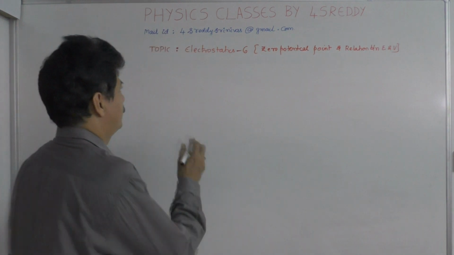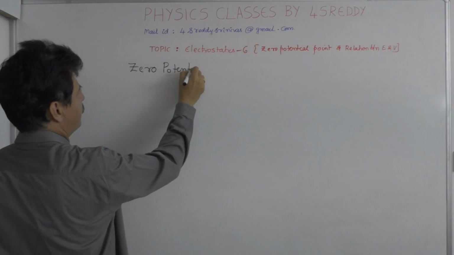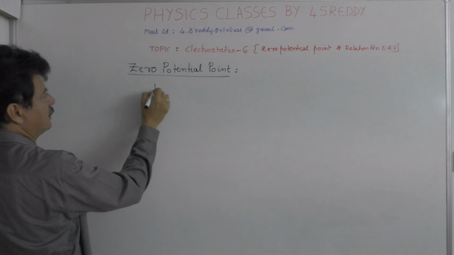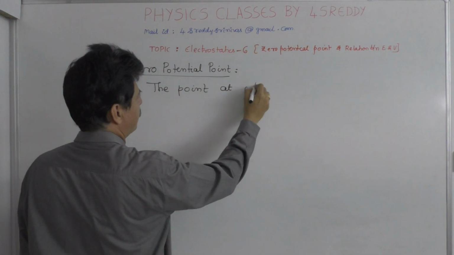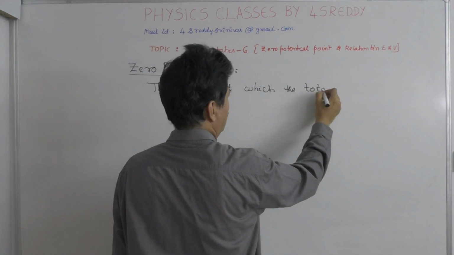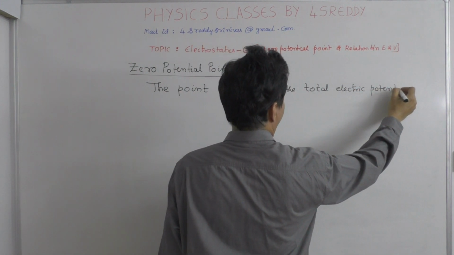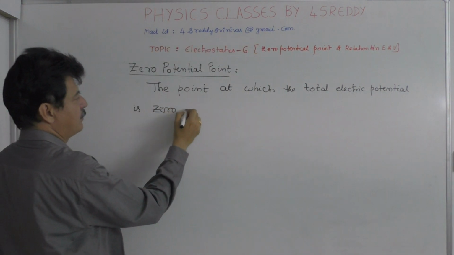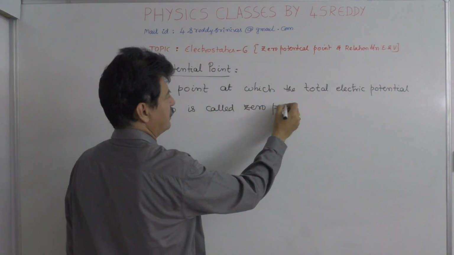First, you can write: zero potential point, that is the point at which the electric potential, the total electric potential, is zero, is called zero potential point.